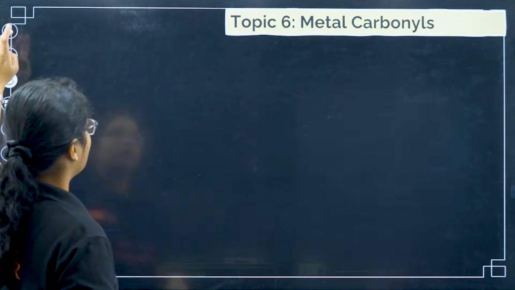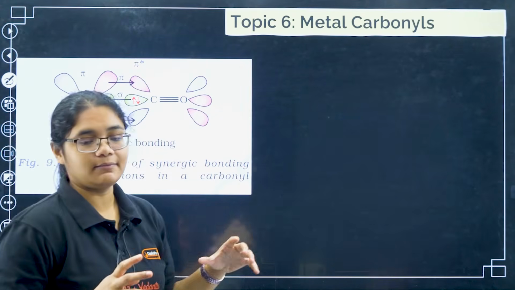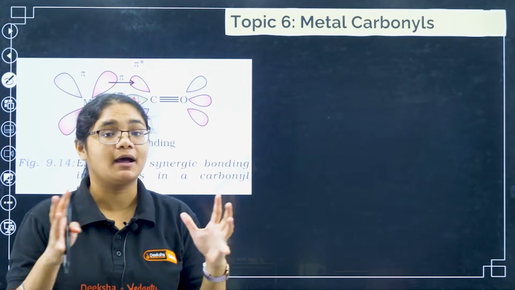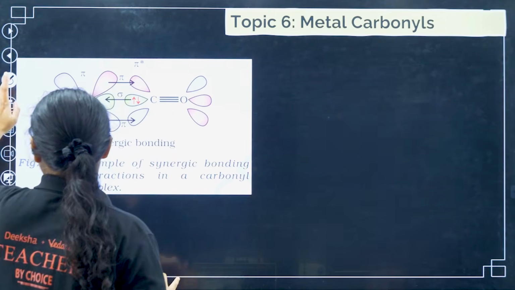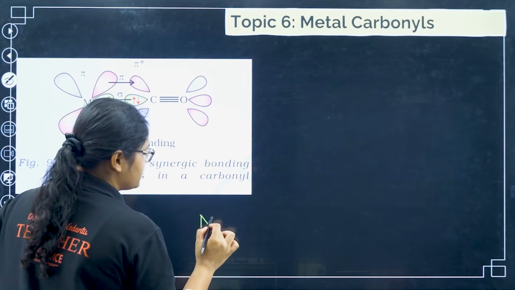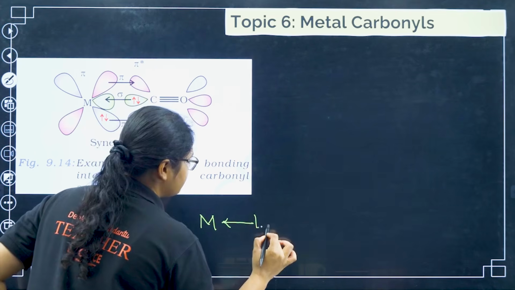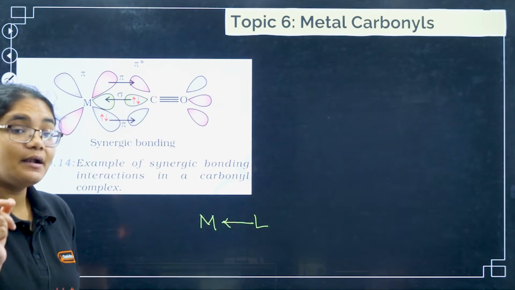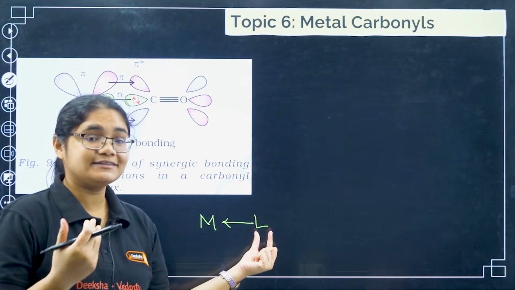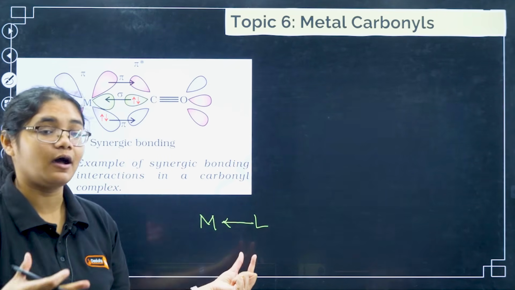Now why do we study them separately? Because their bonding is slightly different from other metal-to-ligand bonds. Generally in coordination compounds, the ligand donates electrons to the metal and forms a bond. But if the ligand is a carbonyl, there is a special bonding apart from this.